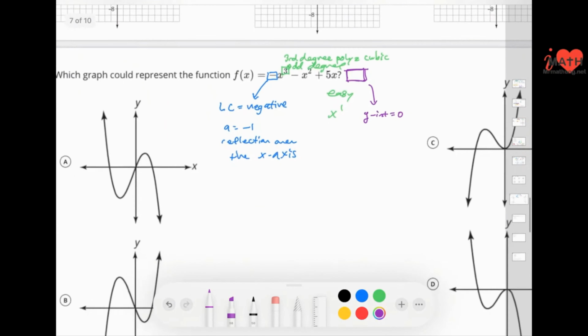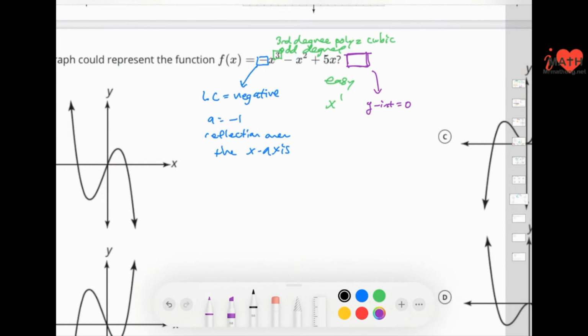Okay, so let's construct our own graph. This might be helpful. Like I said, the easiest we know usually starts down, ends up as you go left to right.